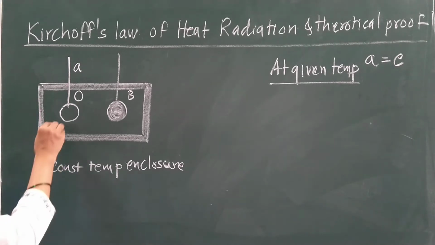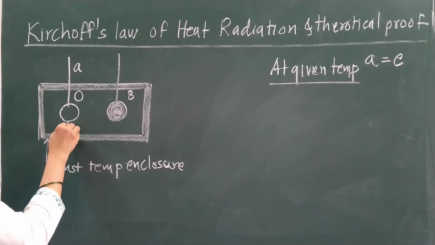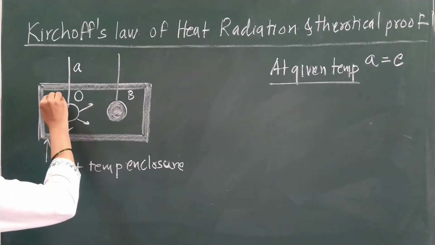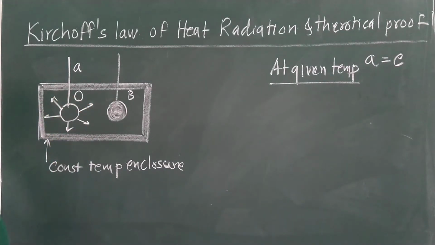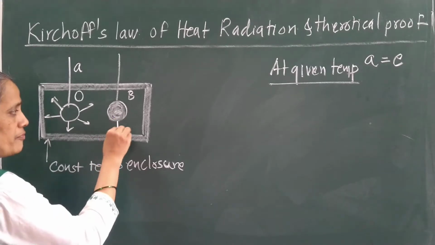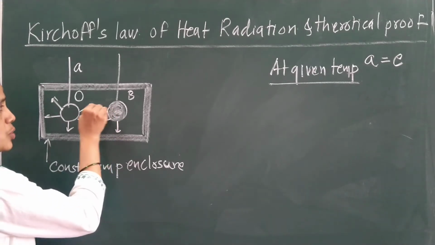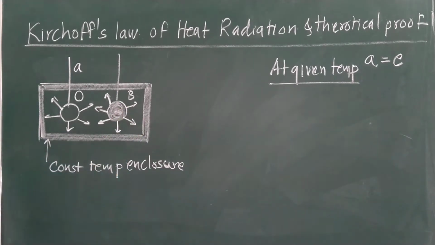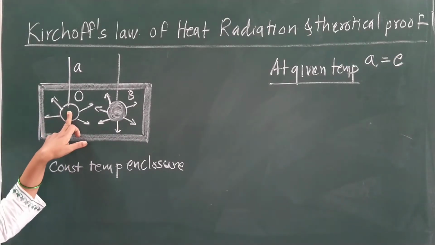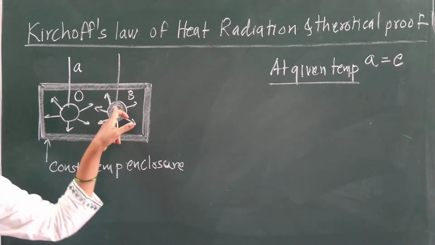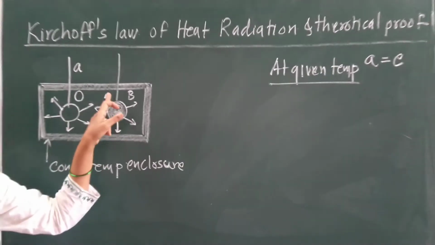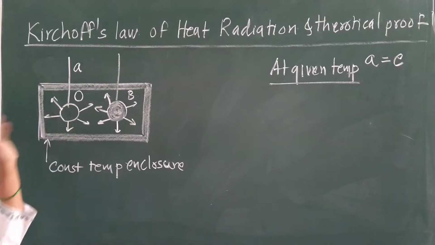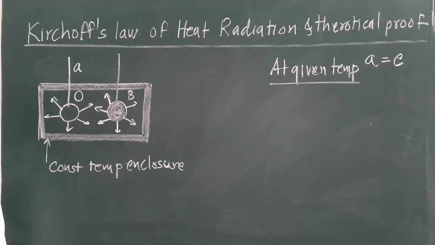Clear? Then this ordinary body will radiate a certain amount of heat energy. At the same time, this perfectly black body will also radiate energy. So the ordinary body will radiate energy that will be absorbed by the perfectly black body. The perfectly black body will radiate energy that will be absorbed by the ordinary body. Right?